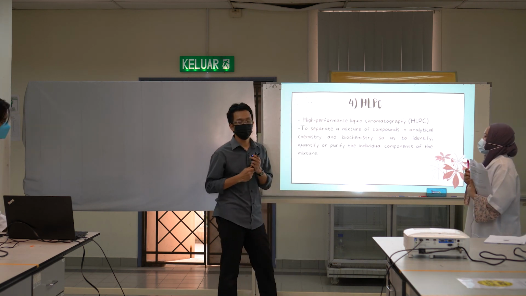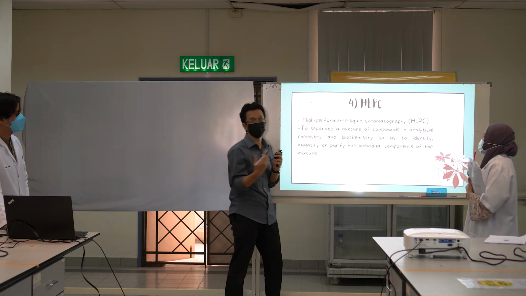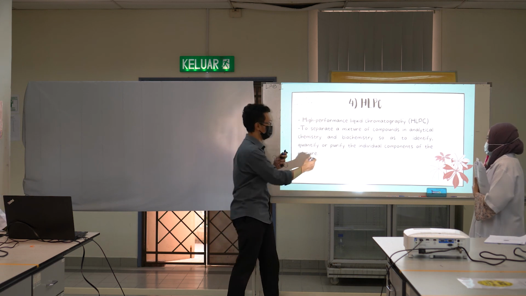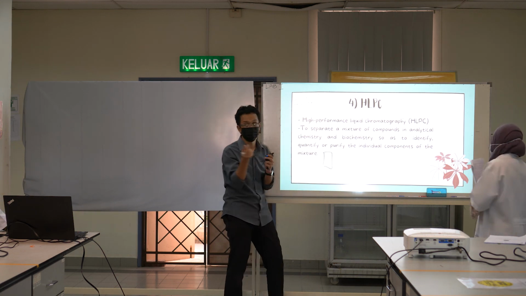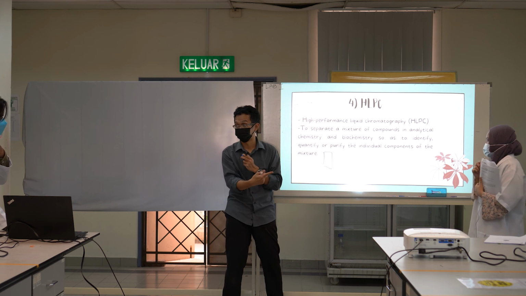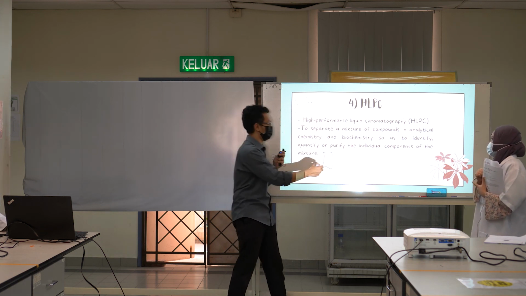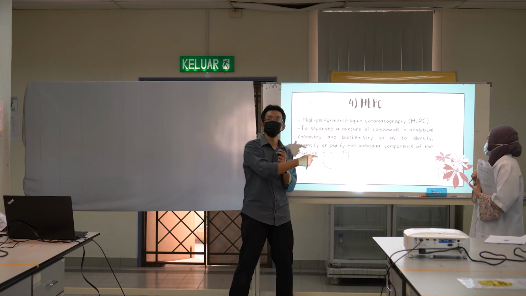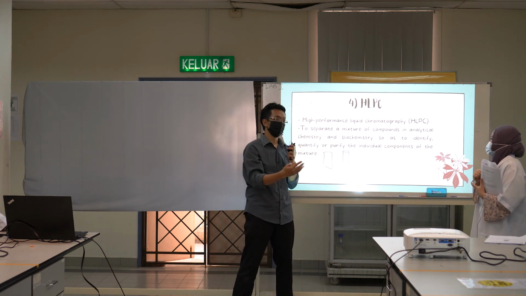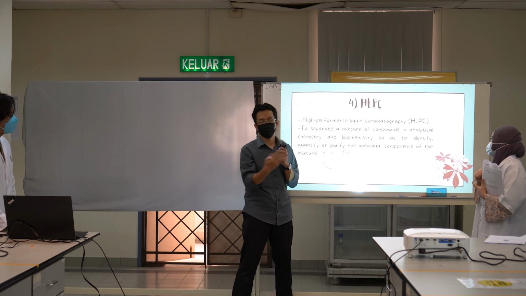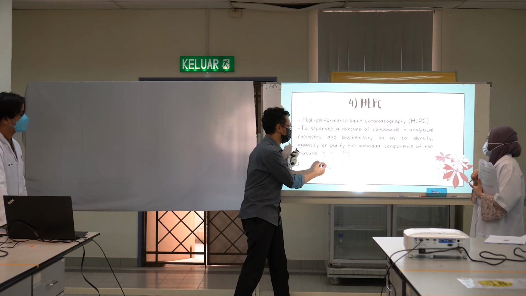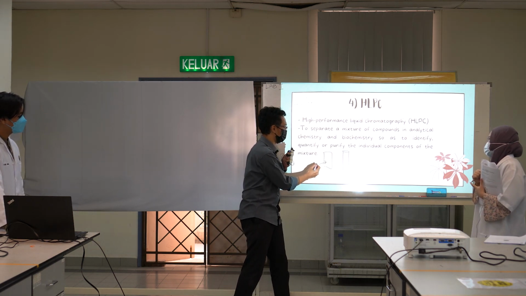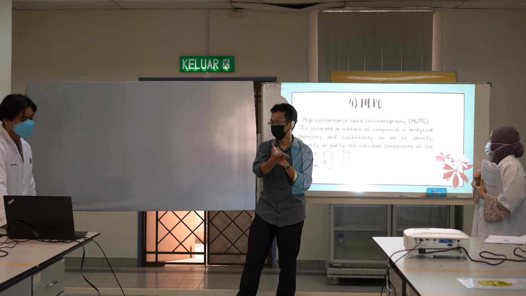Basically, column chromatography uses a column, unlike the thin layer one that you use in the lab, a thin layer of paper coated with silica. Here they just use a column like a cylinder, and inside they put silica.